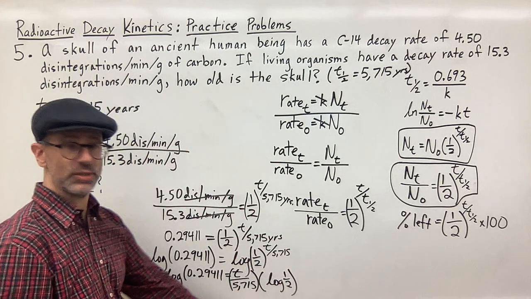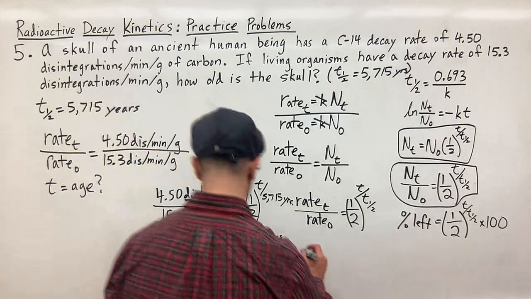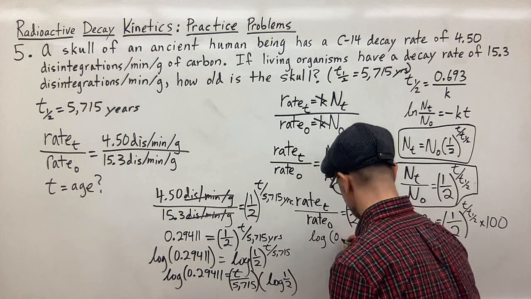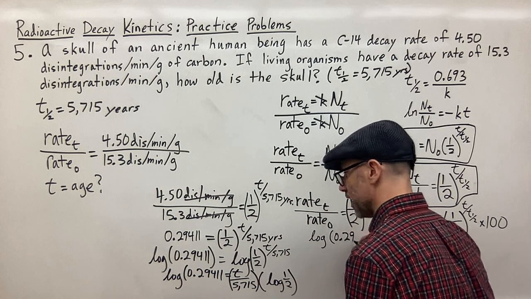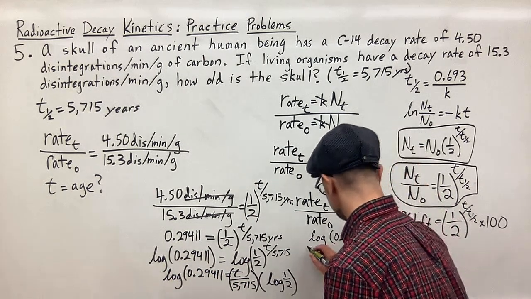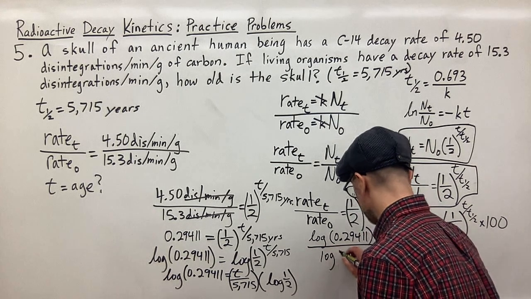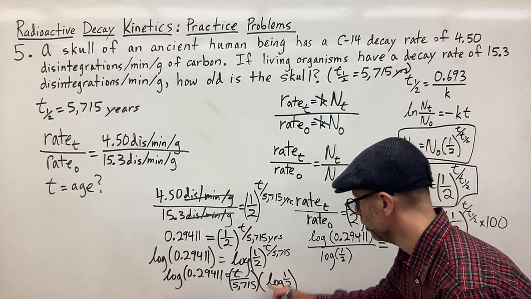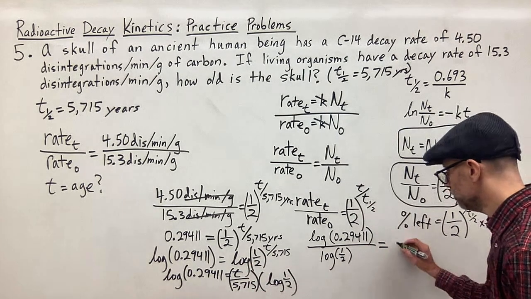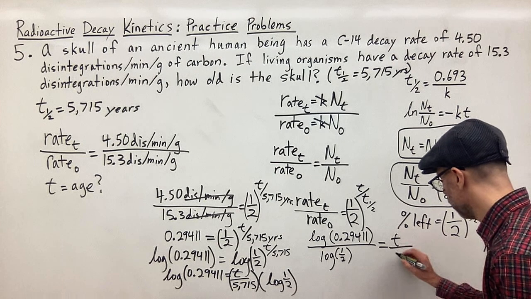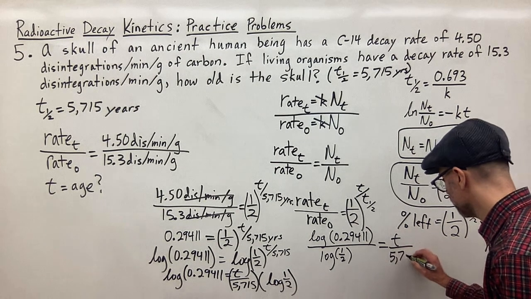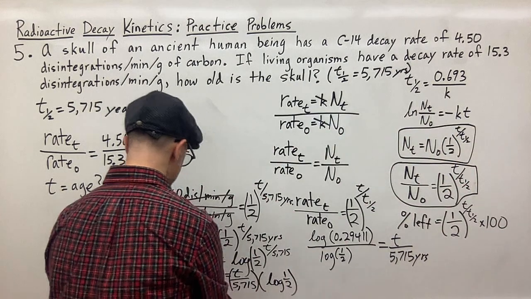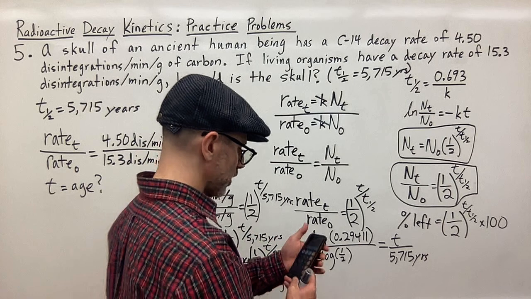So I'm going to divide both sides by log of 1/2, and I'm going to end up with the log of this number here, 0.29411, divided by the log of 1/2, and then that's going to be equal to t over 5,715 years. So I can go ahead and do this calculation.